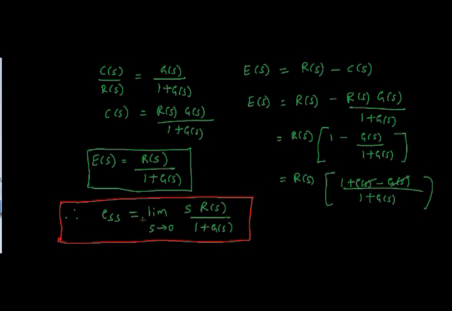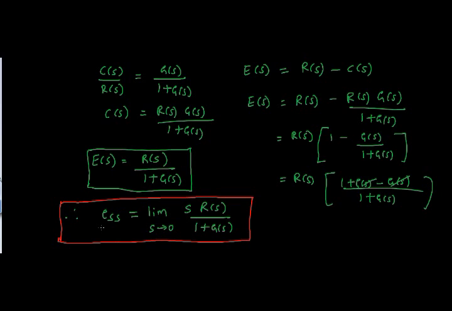Now we got a generalized formula for steady state error where R(s) is the input. If you want to calculate steady state error for any control system block, all you need to know is R(s), which is the input, and G(s), the transfer function of that block. With only those two values you can calculate the steady state error, and then determine the accuracy of your control system.